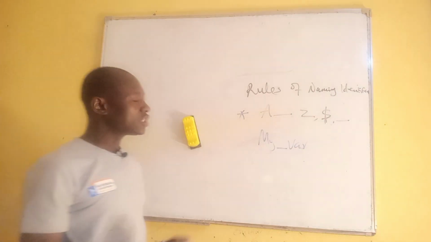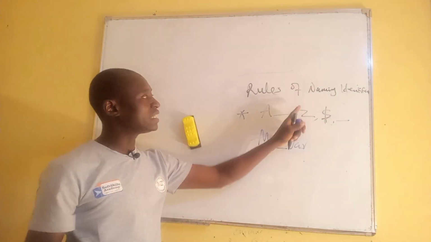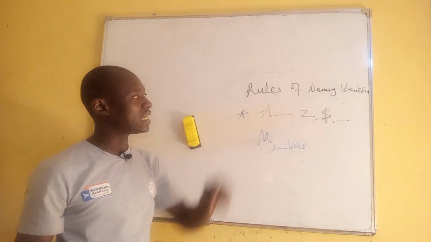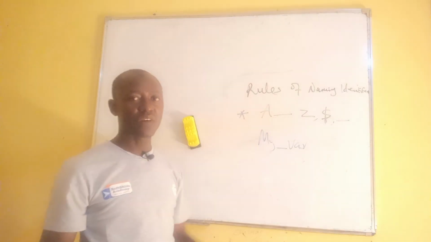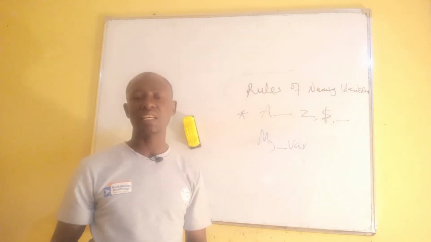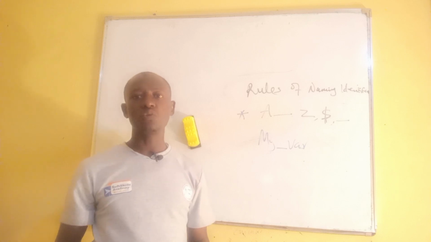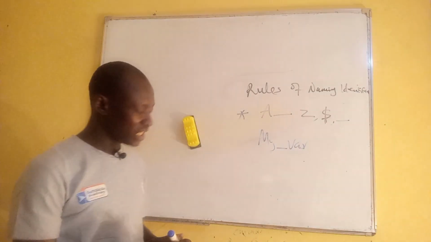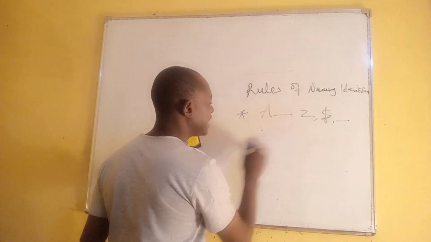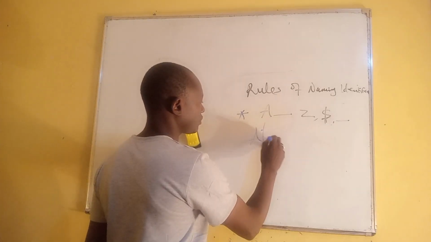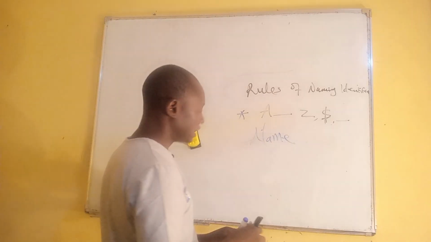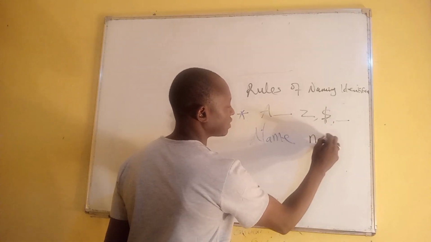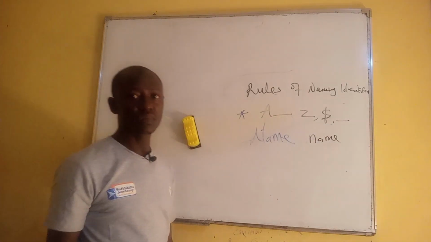We need to know something in the rules governing the naming of our identifiers: in naming these identifiers, Java programming is case sensitive. What we mean by case sensitive is here, if you are saying Name like this, it's not the same thing as this. Are we together?